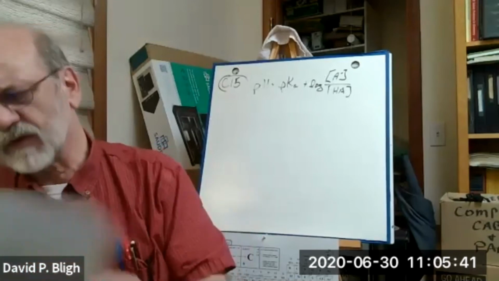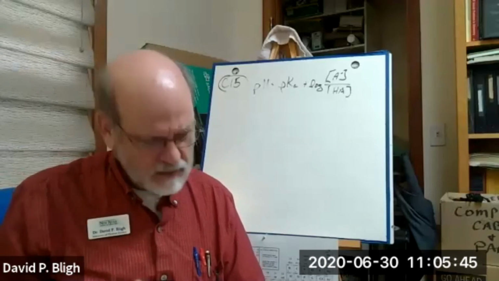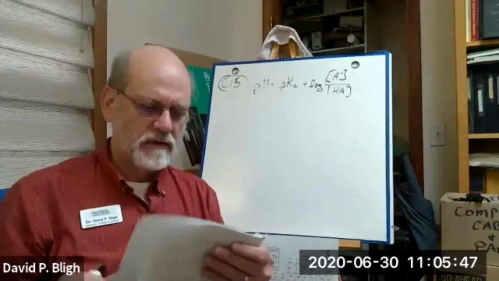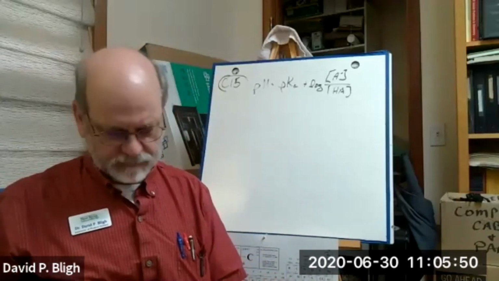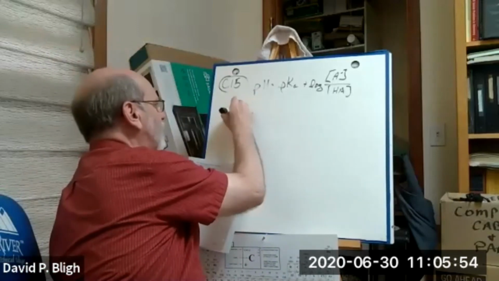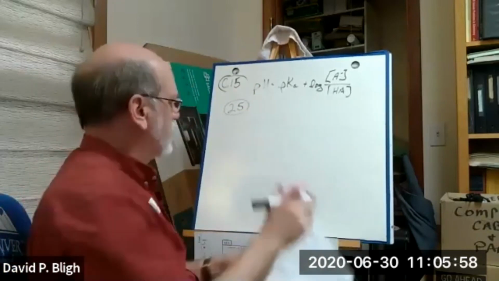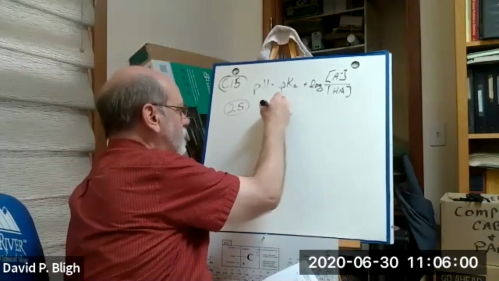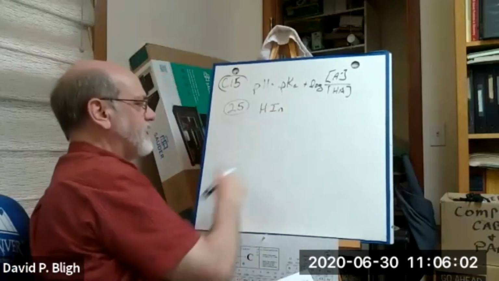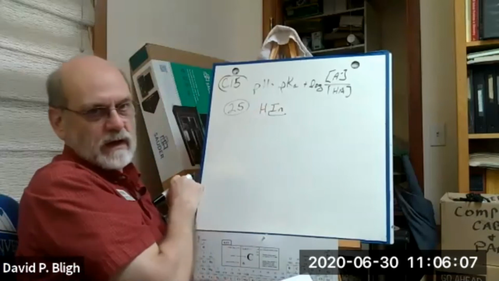Uh, 10 more minutes. What if we do that last one? Okay, so 25 says that you have an indicator. All right, so this is our acid, this indicator body, and there's our acidic proton.